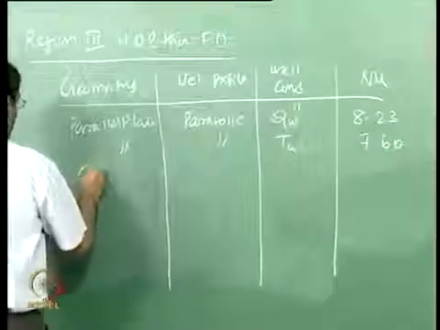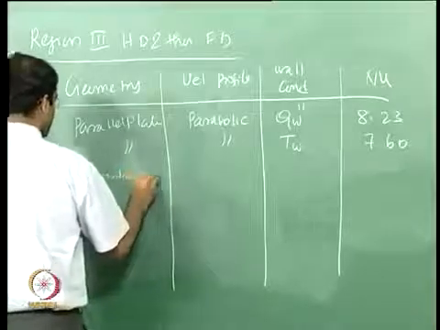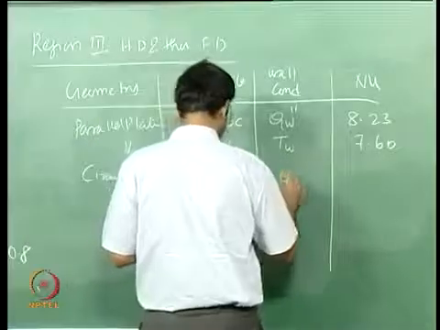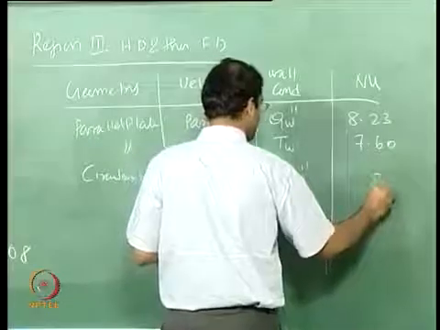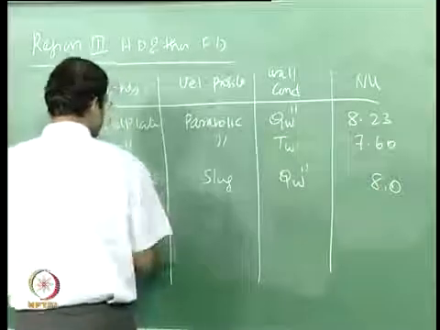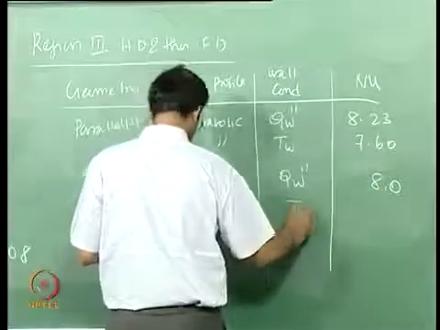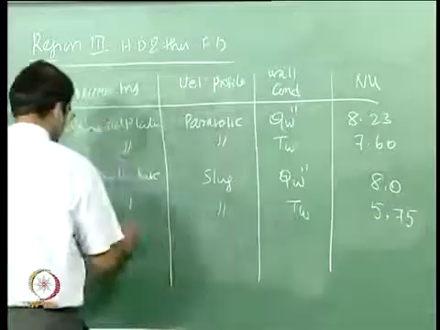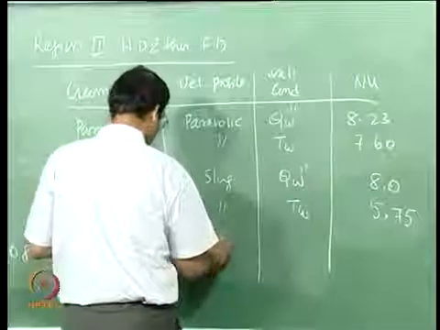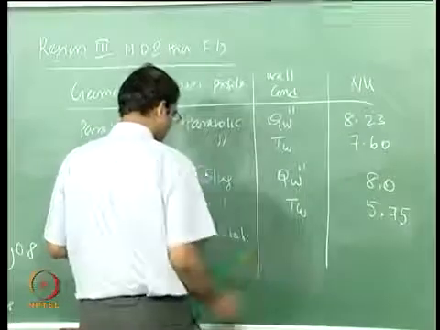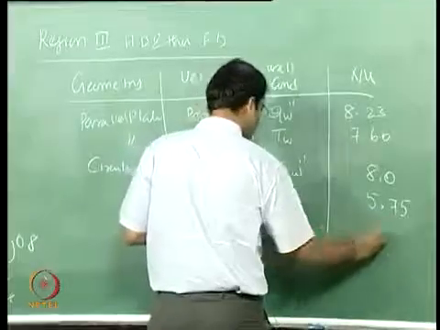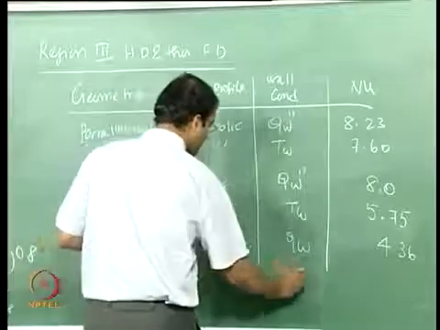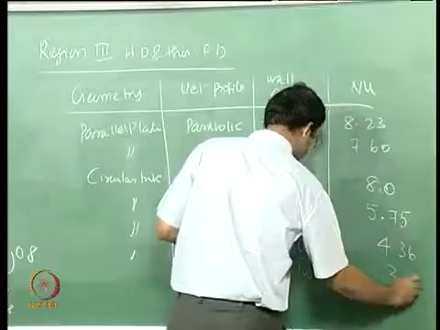Next, circular tube, slug flow, and Q wall, that is 8.0. Circular tube, and then you have slug flow, T wall, that is 5.75. Circular tube but parabolic, and then you have Q wall, you have 4.36. Circular tube, parabolic, T wall, 3.66.